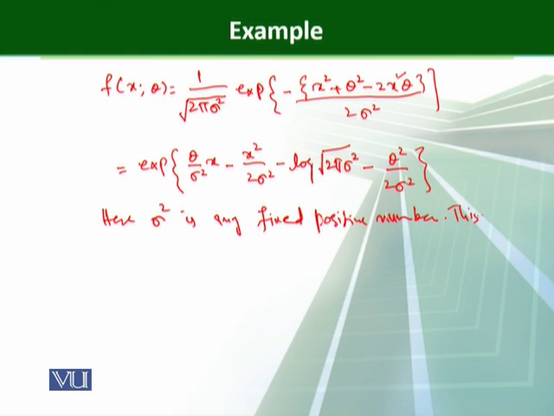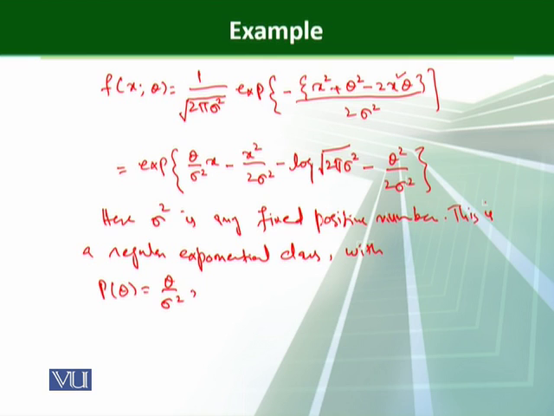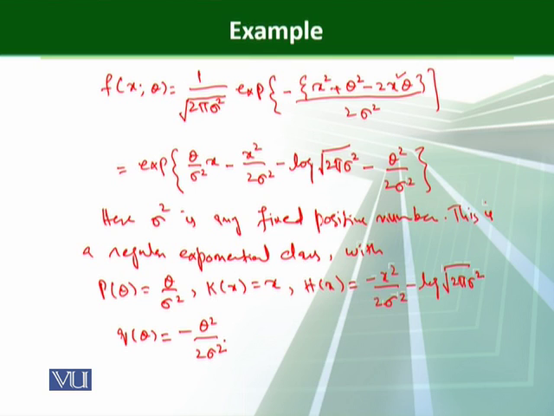So this is a regular exponential class with p of theta equal to theta over sigma square, K of x simply x, h of x actually minus x square over 2 sigma square minus log of the square root of 2 pi sigma square, and q of theta actually equal to minus theta square over 2 sigma square.